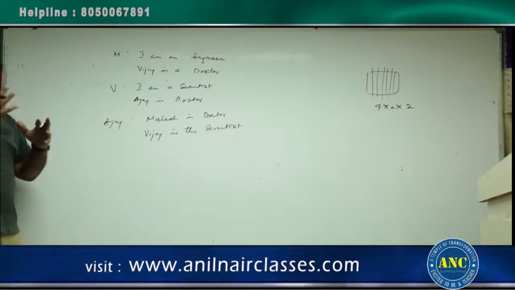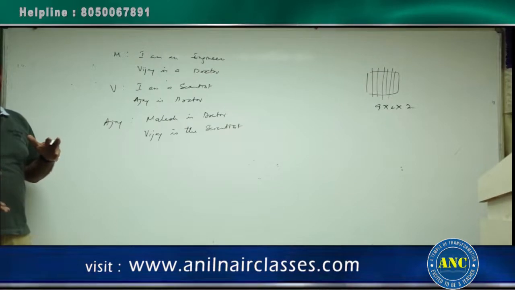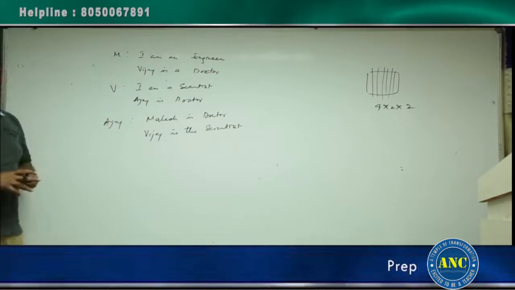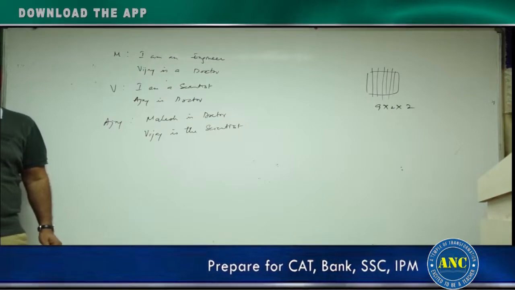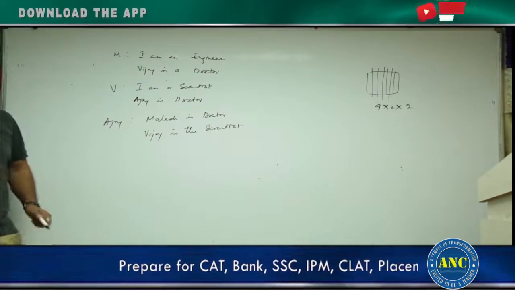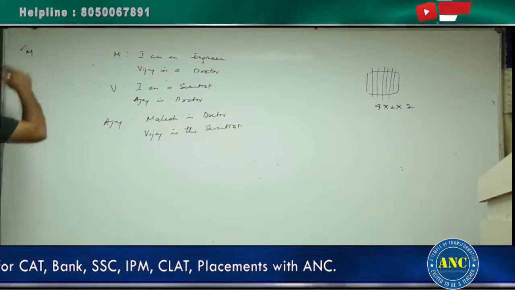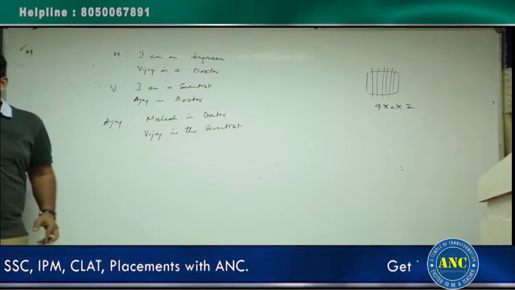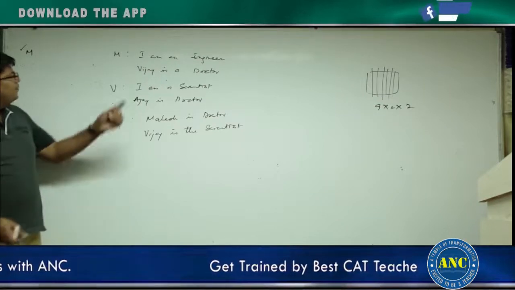Now here, one is a true teller, one is a liar and one alternates between truth and false. So whom should you pick? The true teller. So you should assume someone to be a true teller. Let me assume first that Mahesh is the true teller. That means he is a nice guy who speaks the truth.